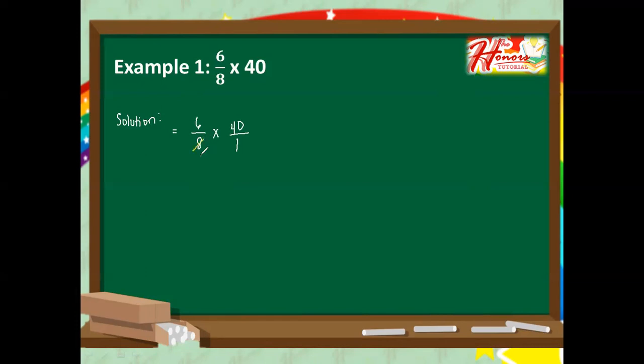So 8 divided by 8 is 1, 40 divided by 8 is 5. Now we can proceed with the usual way of multiplying fractions. So multiply 6 and 5 and that is 30. And multiply the denominators which is 1 and 1, so that's 1. So as you can see, we have here 30 over 1.